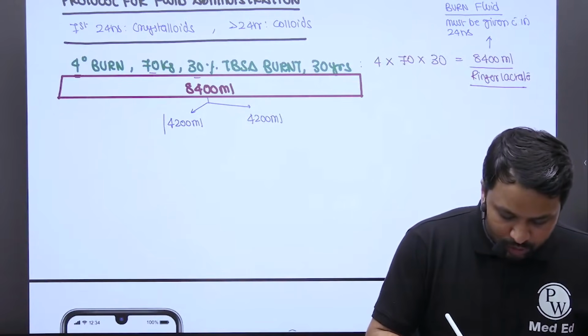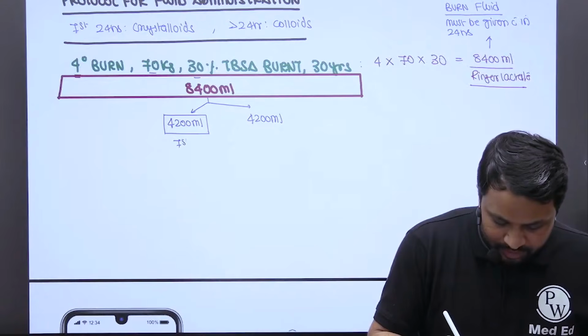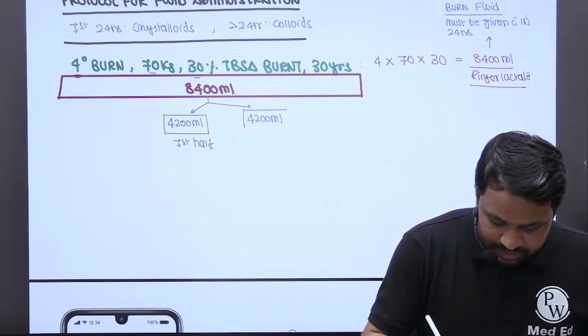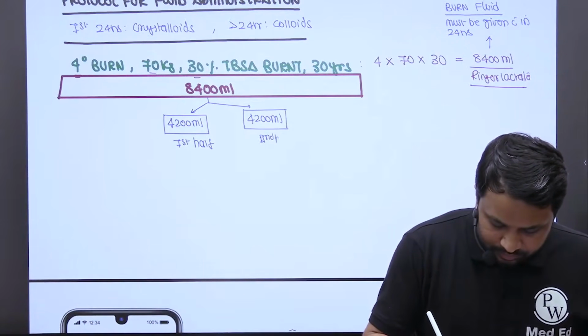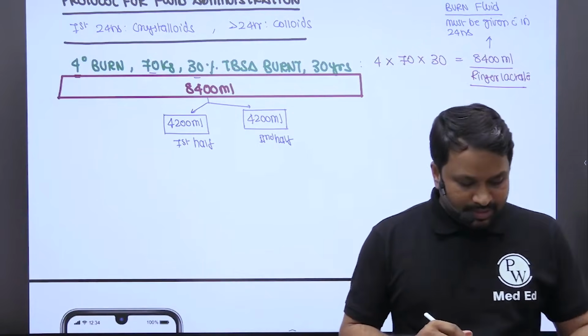Now, this 4200 ml is the first half of the Ringer lactate, and this is the second half. You have calculated the first half as well as the second half.